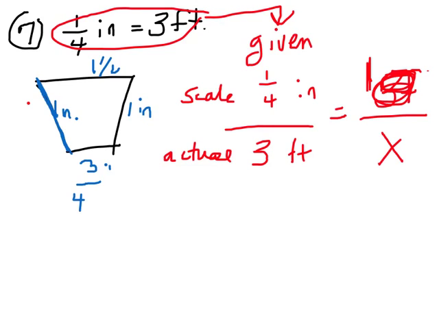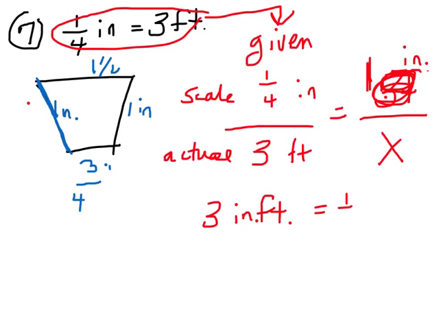Now if we cross multiply, 1 inch times 3 feet would be 1 times 3 is 3 inch feet, right? I'm going to show you that the units actually work out and that you can really ignore the units. This is what I'm trying to show you here. And if I cross multiply on the other side, I have 1/4 inch times x.